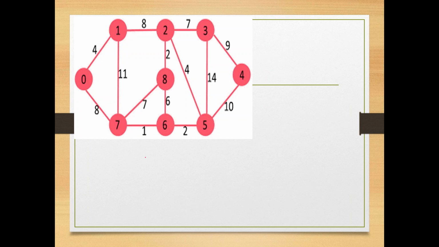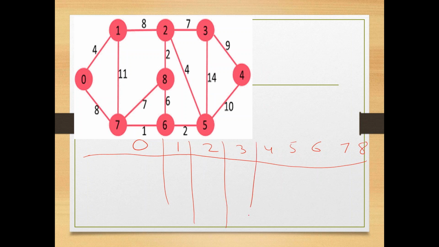Now we are going to solve it, the Dijkstra algorithm. How will we solve it? You can draw nodes 0, 1, 2, 3, 4, 5, 6, 7, 8. Similarly, first take a line. I will be doing the first three steps. The rest of them you are going to solve.